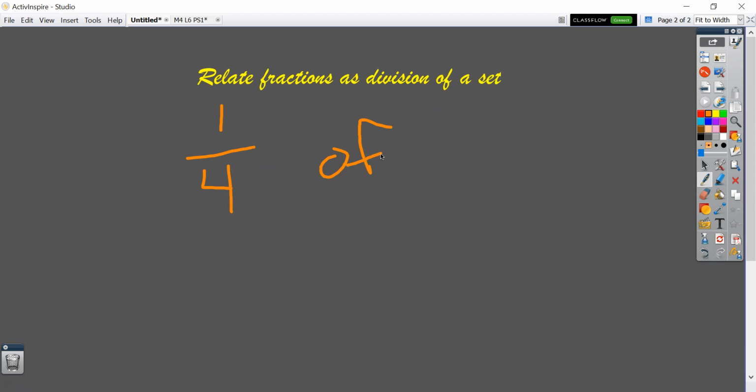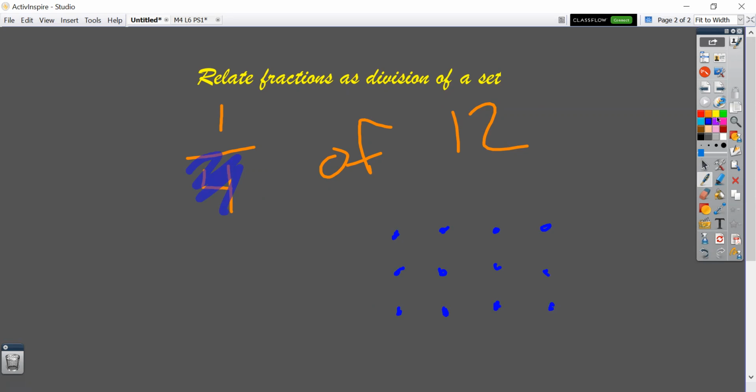1/4 of 12. Let's draw an array to represent this. We need 12 dots. But how are we going to organize those dots? Let's look at the unit of our fraction. The unit is fourths. The denominator says 4. So let's just do columns of 4. 1, 2, 3, 4, 5, 6, 7, 8, 9, 10, 11, 12.